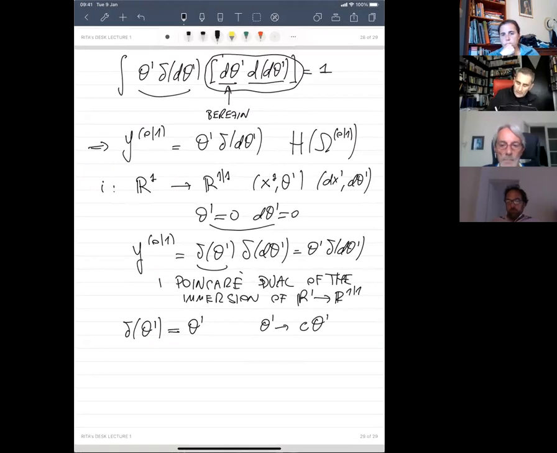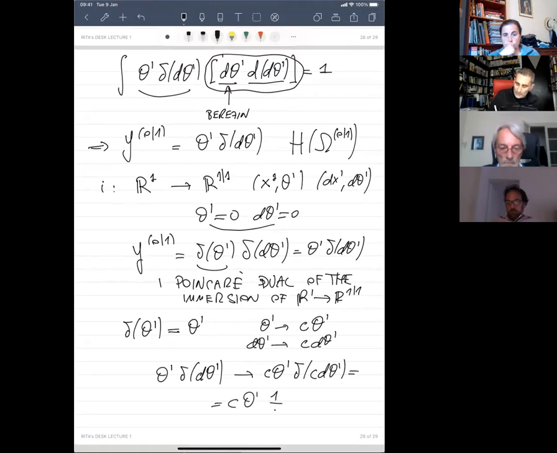Then d theta 1 is also scaled like d theta 1. However, the object in front is scaled like this, but then you have a delta of the scale of this one. The scaling property of the delta function is exactly the inverse, so you get 1 over c of delta of d theta 1, and this cancels with that one. So indeed, it is scaling invariant.